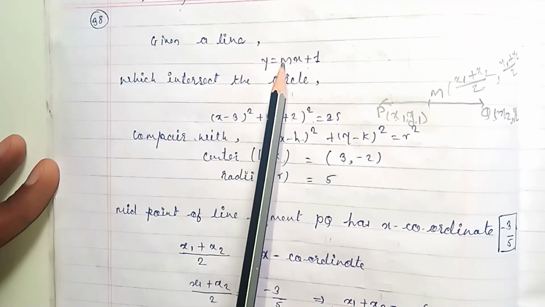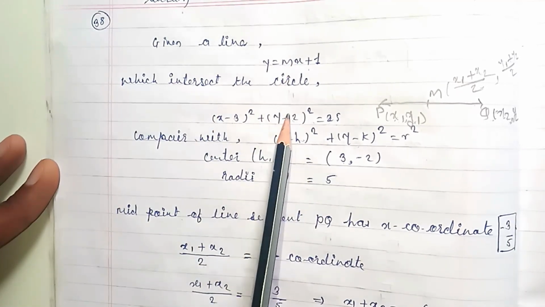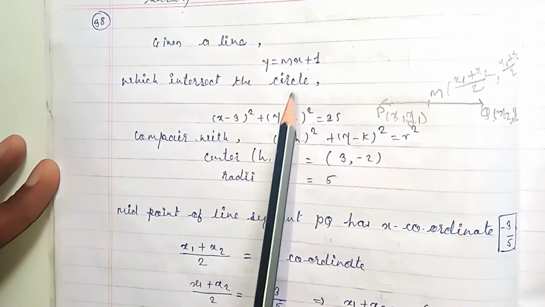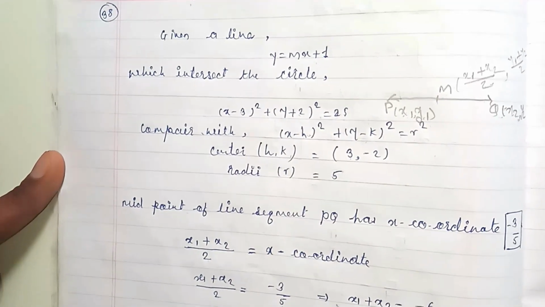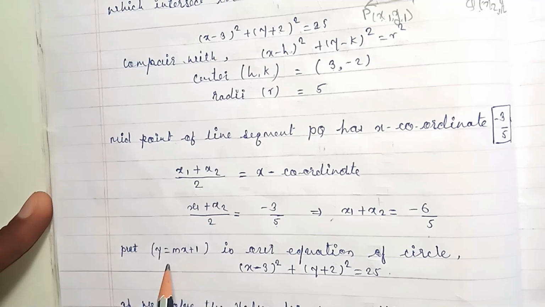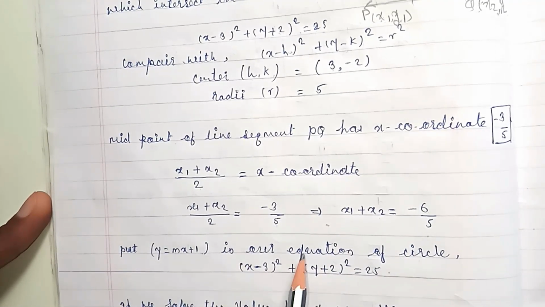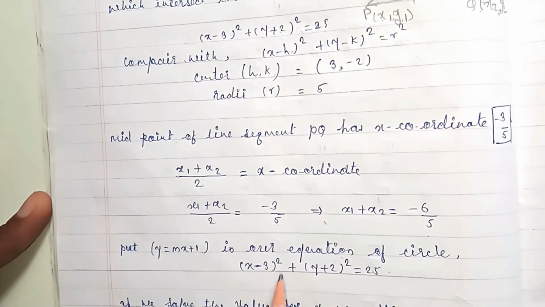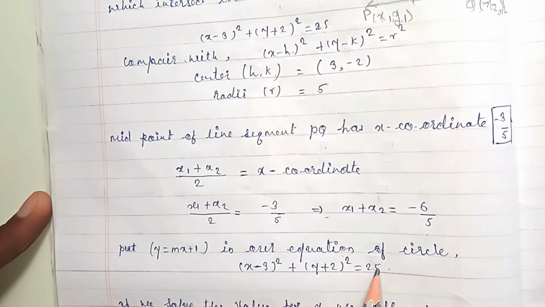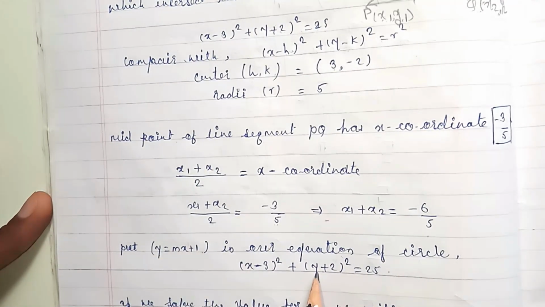Substitute this into the given equation, because we have only these two equations, and then it is easier to find the value. In my next step, y equal to mx plus 1 is our equation of a line, and the equation of our circle is (x minus 3) squared plus (y plus 2) squared plus 20 equal to 25. Now put in the value for y.